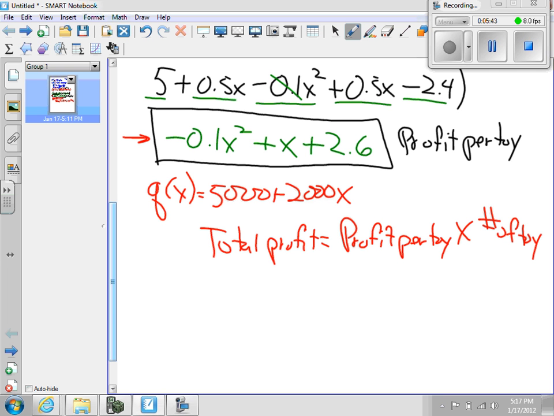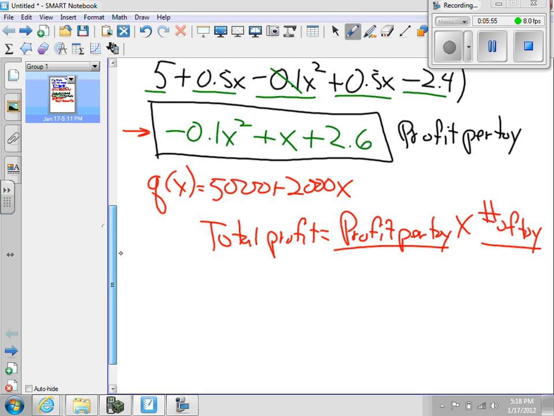If I make 5 toys, I get 5 times the profit, whether it's positive or negative. So I have a function for the number of toys, and I have a function of the profit per toy. So now I'm going to multiply those two functions.